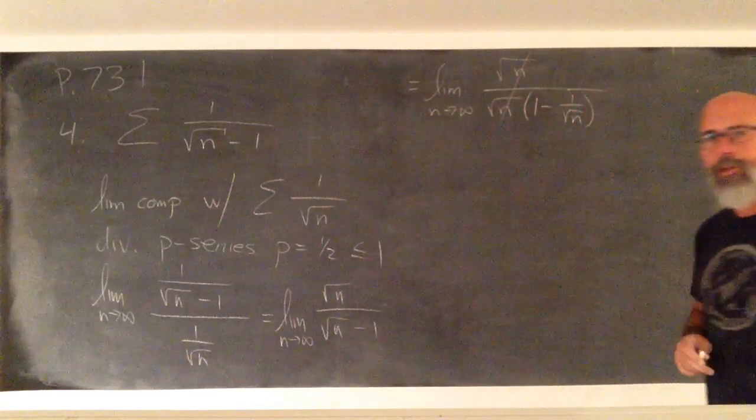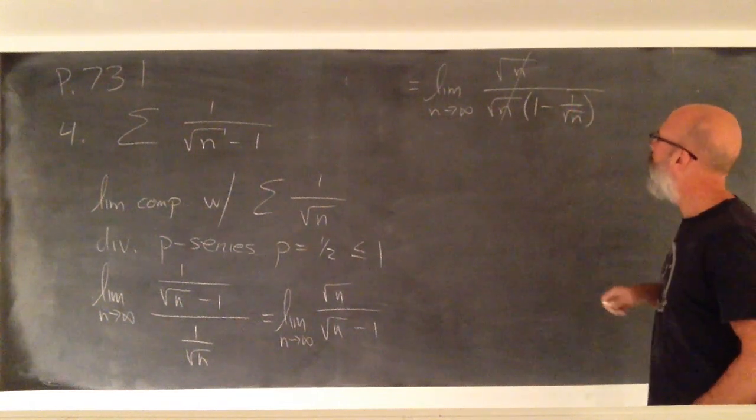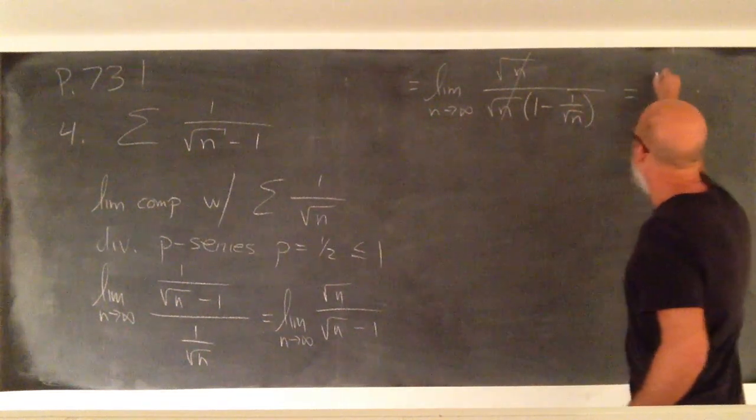The root n's cancel, and as n goes to infinity, this goes to 0, leaving you with a limit of 1.